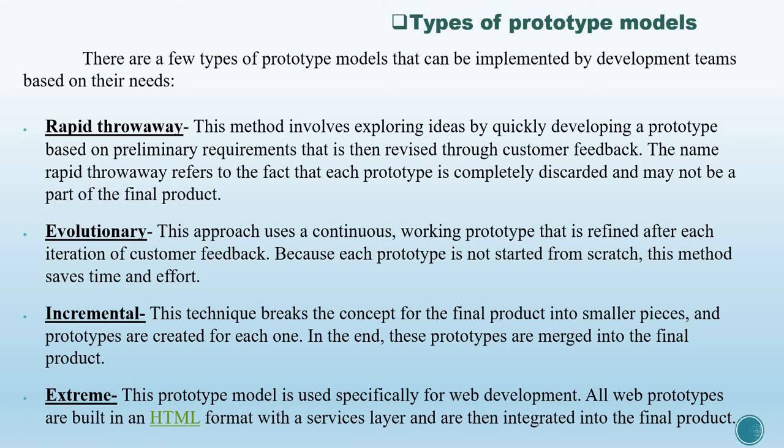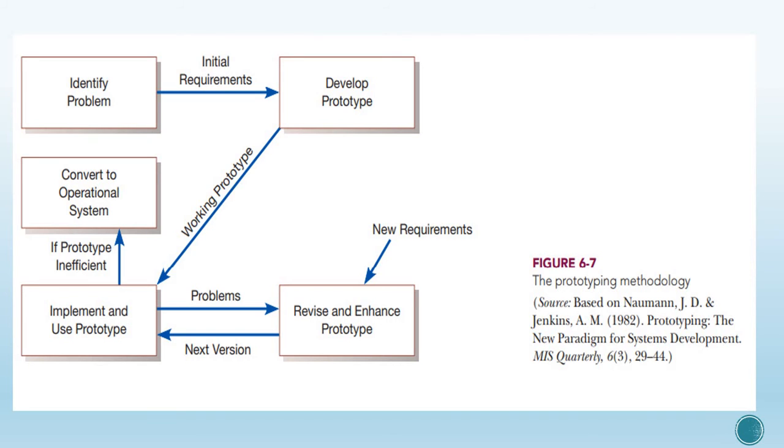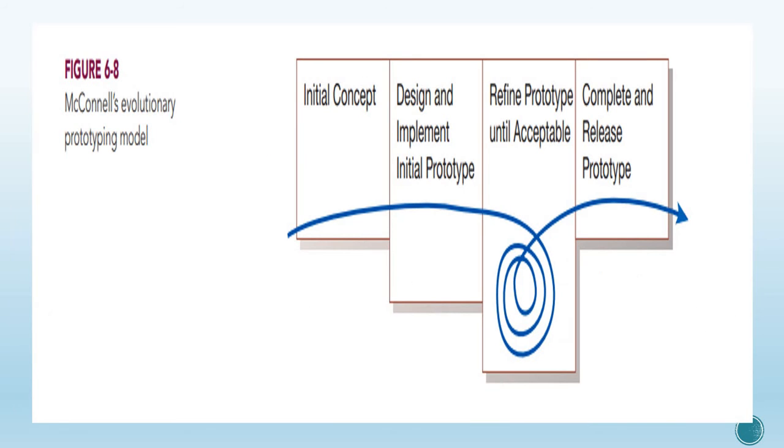Next we have the evolutionary prototype. This approach uses a continuous working prototype. It mostly adopts the prototyping methodology. This is the evolutionary prototyping model. First we have the initial concept, then we design and implement the initial prototype. As you can see here, the spiral shows that this step, refine prototype until acceptable, is repetitive.